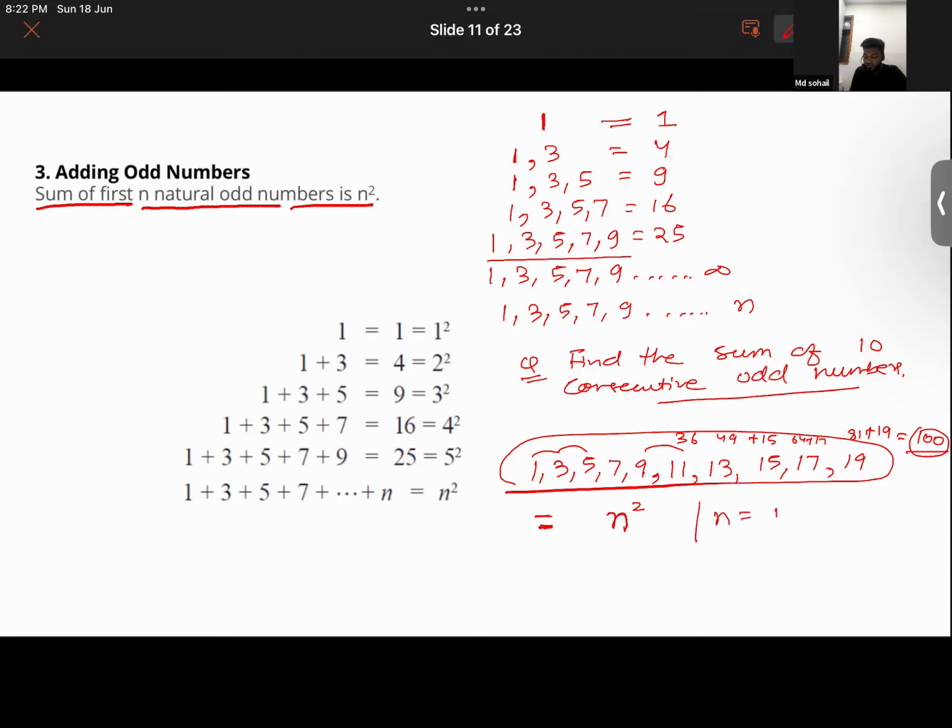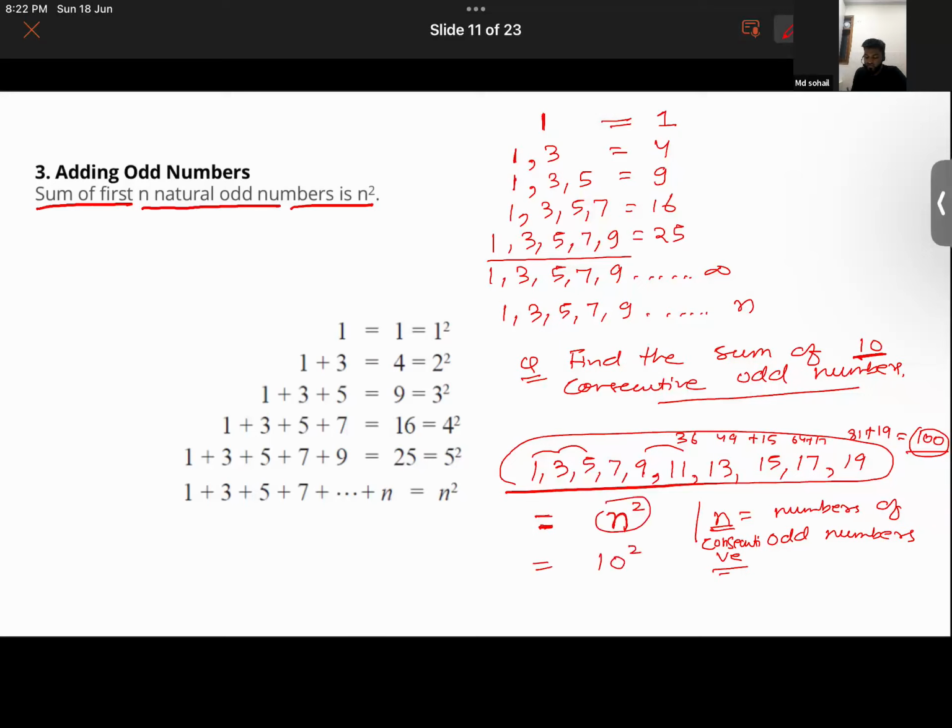It is the number of consecutive odd numbers. So in the question, there are 10 consecutive odd numbers. Right, guys? So you will put the value 10 in this formula.